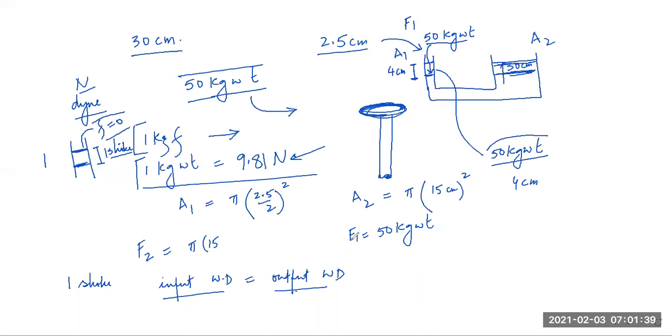Can anyone tell me what will be the input work done on piston A1? Work done is force into displacement. Yeah, that's great. Beautiful, Ishma. Don't think about whether this is a vector product or dot product; I'll explain that later. This is simply a multiplication sign.